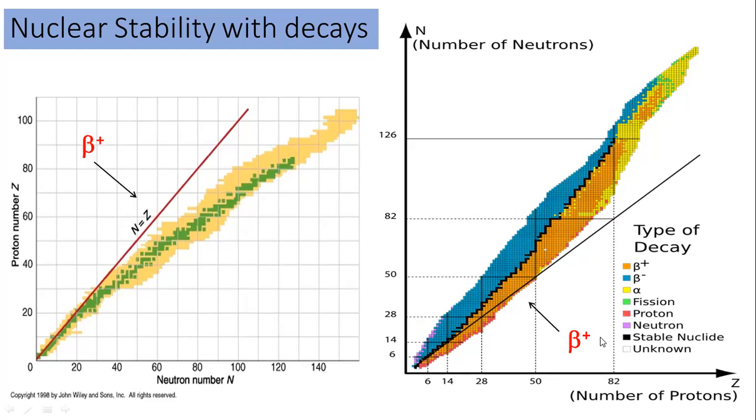If the nuclide is present over here, that means it is below the stability line, then it has more protons, because here on the x-axis are the protons. And if you consider this plot, again this is the same, it has more protons.